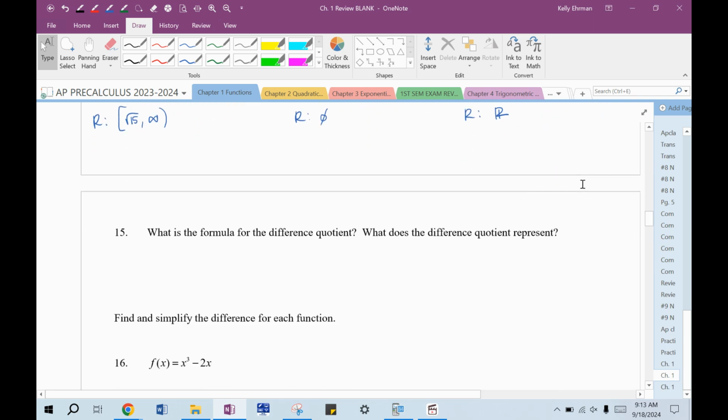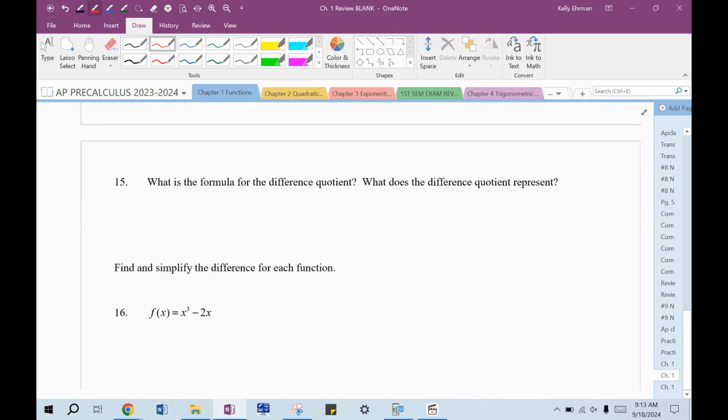Speaking of which, what is the formula for difference quotient? So you need to have this memorized. The slope of a secant line is equal to f of x plus h. Some of you on your quiz had minus h right there. Minus f of x all over h. What does the difference quotient represent?